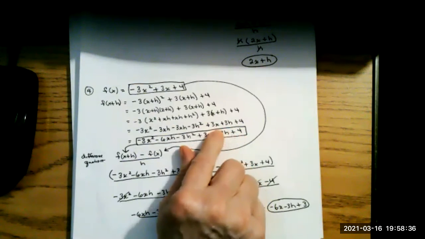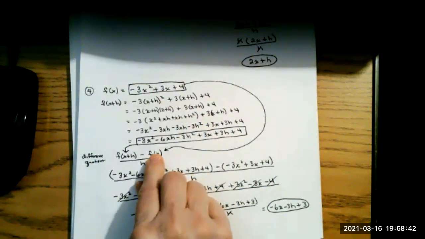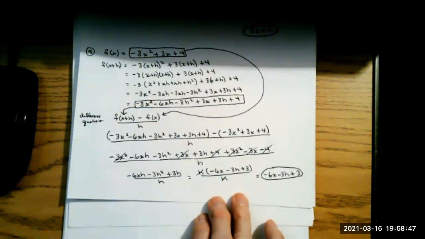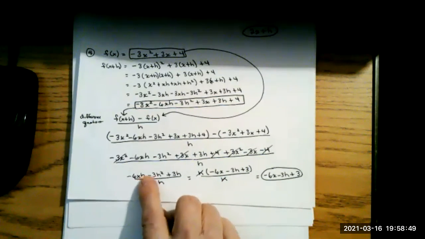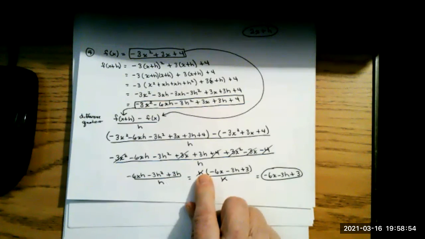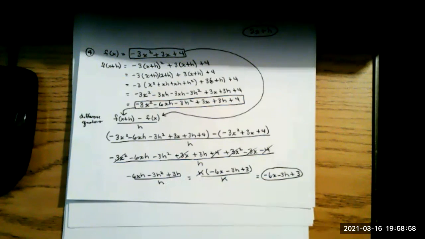But you're putting this one in for x plus h, and you're putting this first one, your original one, in for f of x, and then you simplify it down and a bunch of things will cancel. If you have an h in every spot, take out an h and then cancel that into the bottom, and whatever you have left is your answer. That's number 4. Let me show you what number 5 looks like.